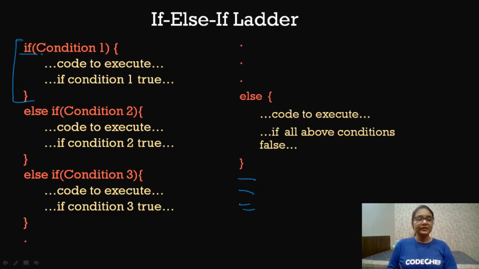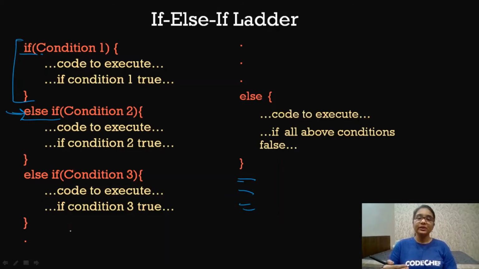But if this condition is false, then it will go to the second condition, that is the second if-else block. That second block we write as else if. Inside else if, you can see that I have placed the second condition. Now if the second condition is true, then this part of the code will get executed. Otherwise, it will go to the third condition, and so on.